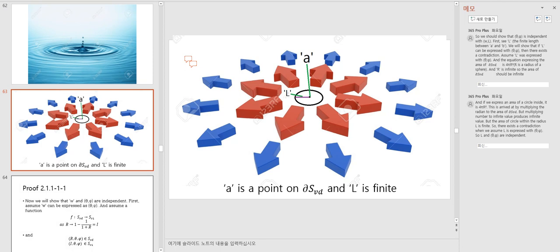And if you express an area of a circle inside, it is arrived at by multiplying the radian to the area of dS3D, but multiplying a number to an infinite value produces infinite values. But the area of a circle within the radius L is finite, so there exists a contradiction when we assume L is expressed with theta phi, so L and theta phi are independent.